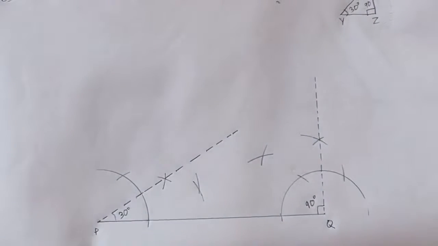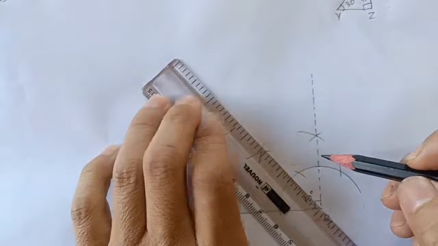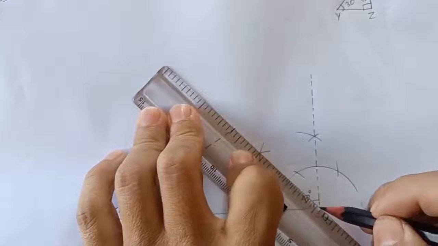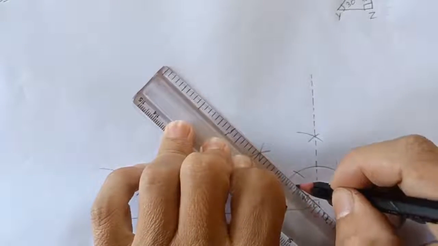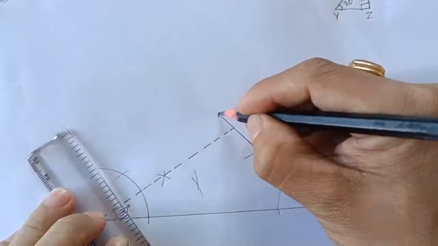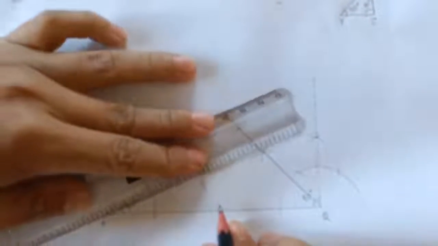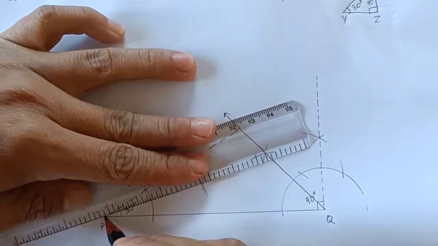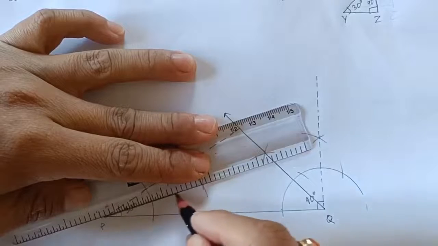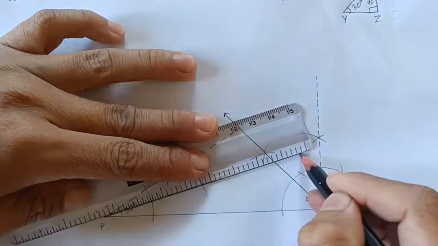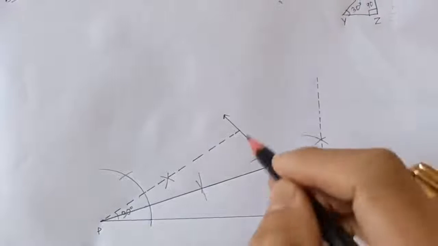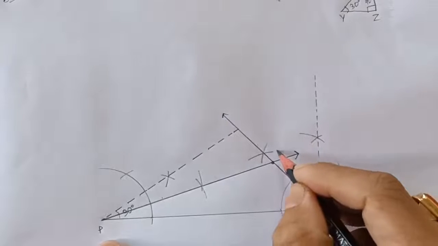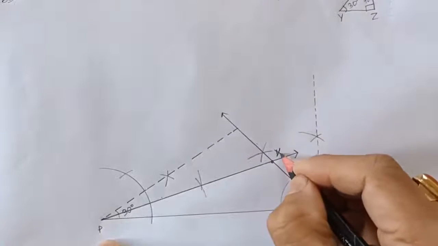Like this. Now join these 2 points. Let me draw a ray like this. And from P also, the angle bisector of 30 degree, let me draw a ray like this, intersecting these two rays at a particular point, say X.